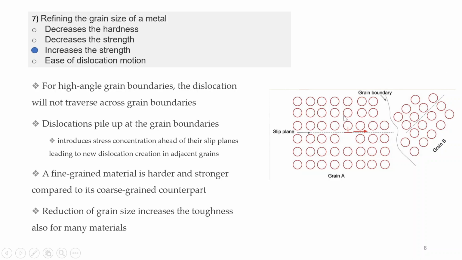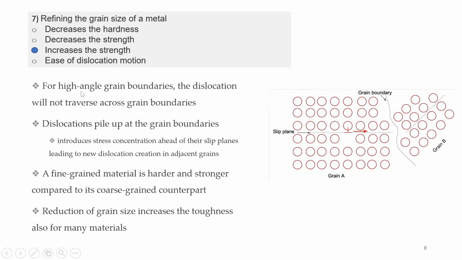As I told earlier, movement of dislocation becomes difficult as you decrease the grain size. As the grain size keeps on reducing, dislocation movement becomes much more difficult, which leads to improvement in strength, and there is no deterioration in toughness.